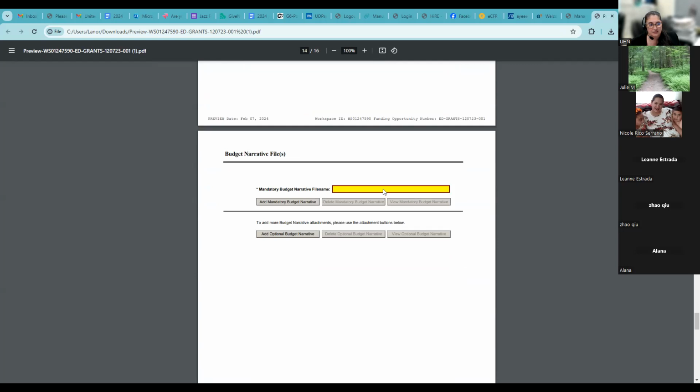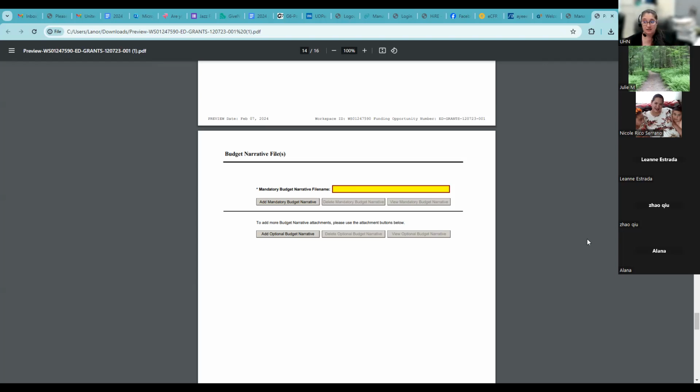But your budget narrative will, and you'll have your breakdown. People have done this one of two ways. They either do a separate budget for year 1, 2, 3, 4, 5, or they do a combined budget that breaks it down by the year. I've done them both ways. It just really depends what your preference is. There's nothing that requires it broken down a specific way.